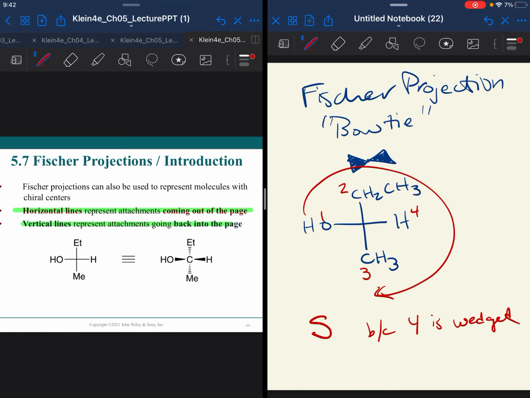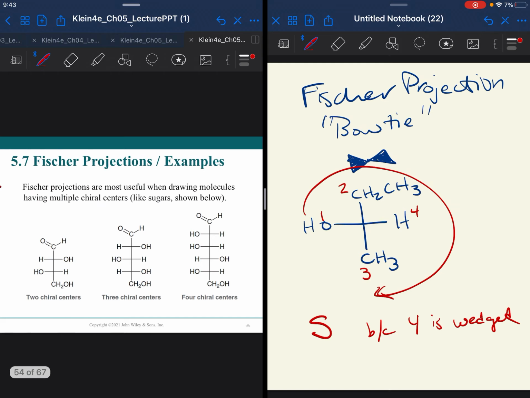So you don't ever have to do double replacement. But you do have to be careful. You cannot draw this any other way. You can't rotate it. You can't flip it around, because what is implied by the Fischer projection is that what is horizontal is wedged, what is vertical is dashed. So you have to draw them consistently. You can't just turn them around.